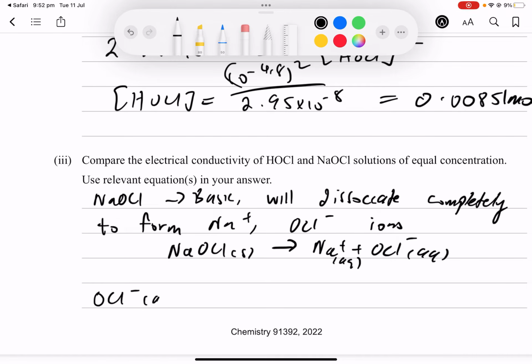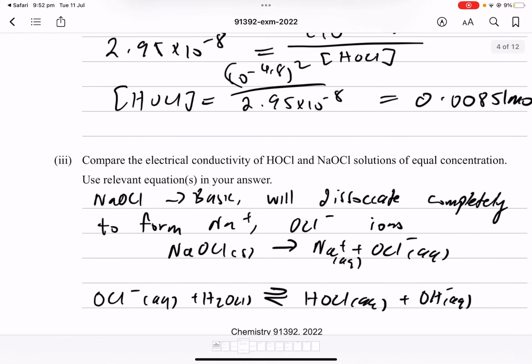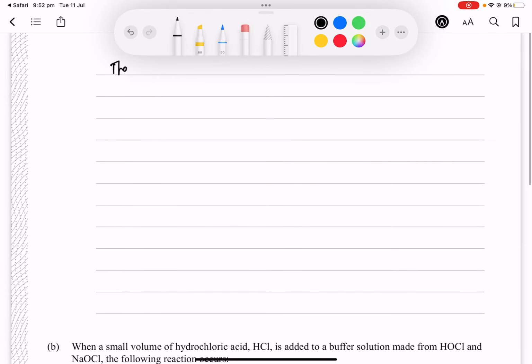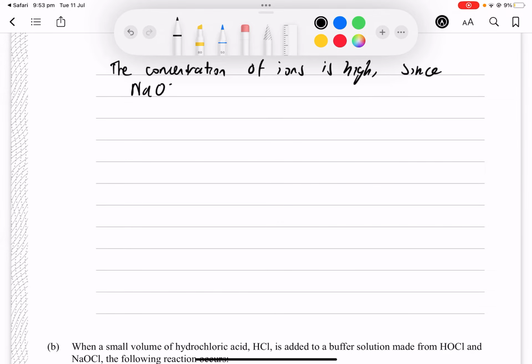OCl minus is going to react with some water, and that's going to produce some HOCl as well as some OH minus ions. However, in terms of the concentration of ions, which we really care about, the concentration of ions is really high. So we can say that the concentration of ions is high, and this is because NaOCl completely dissociates to form its ions.